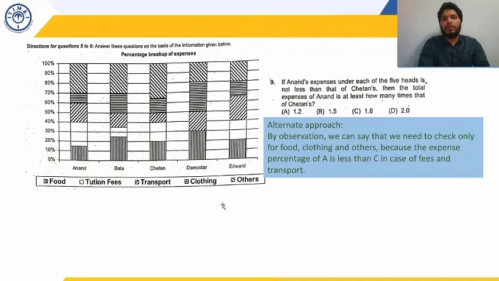So that's why we need not check for those ratios where the percentage component of Anand's expense is greater than the percentage component of Chetan's expense. So obviously we can ignore tuition fees and transport and check for the other three to get our answer. I hope this is clear to all of you.